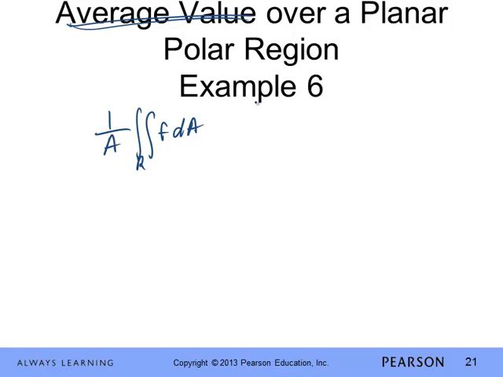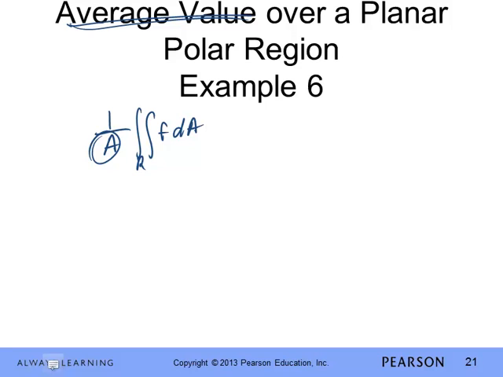Okay, and that's how you calculate the average value for your double integral. So you might have to do two integrals, one integral to calculate the area that you're integrating over, and then your second integral to actually integrate the function over that region.